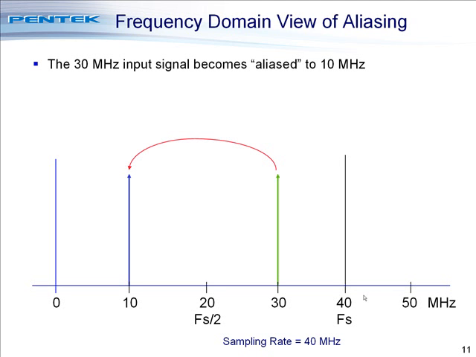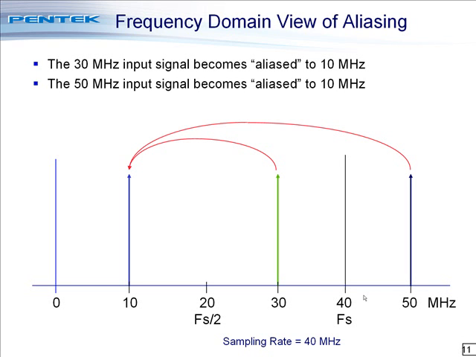In other words, we can't tell it apart from a 10 megahertz signal. And likewise, with a 50 megahertz signal at the input, that signal gets aliased again down to 10 megahertz, and we can't distinguish it from either the 30 or the 10 megahertz signal. So you're beginning to see what aliasing is, both in the time and the frequency domain.